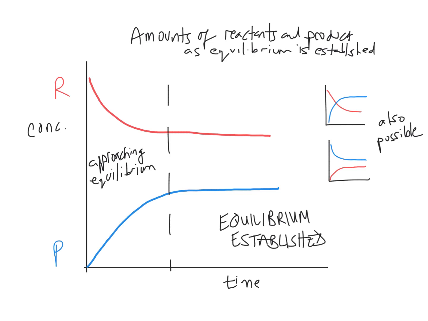So another important plot to understand that describes a system as it approaches equilibrium is a graph of concentration or of amount or number of moles over time.